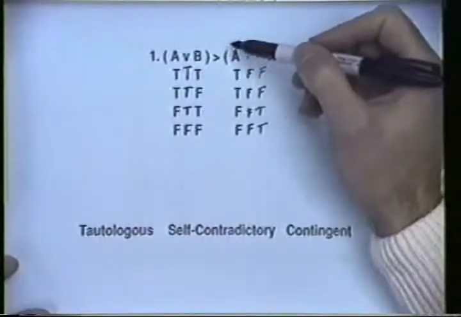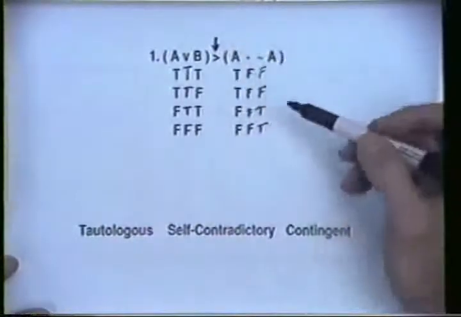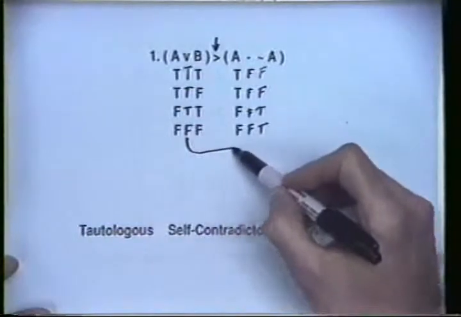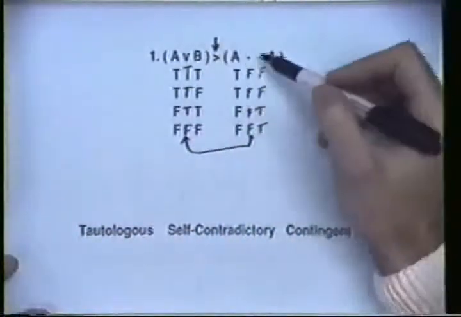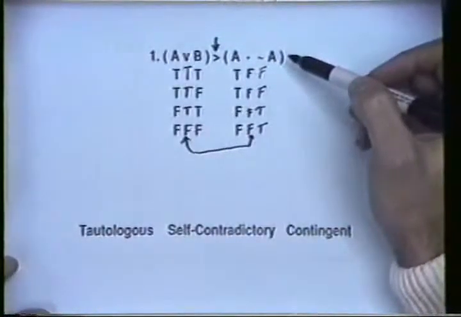Now we need to generate the last column. This is the column under the main connective, and it in effect brings together the column that's under the disjunction and under the conjunction, because these are, as it were, the next level of connectives to generate the sentence.